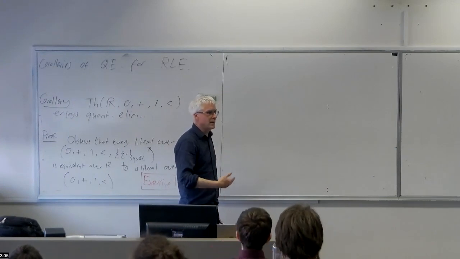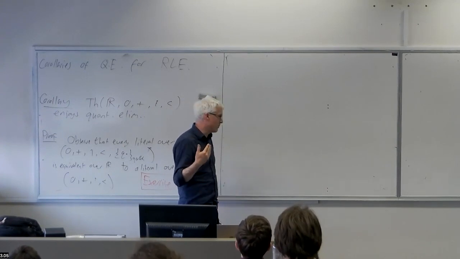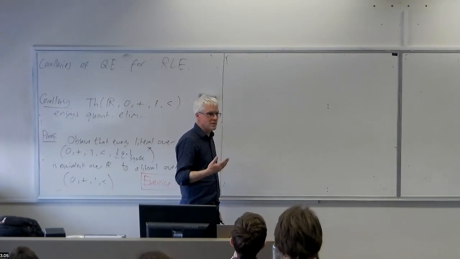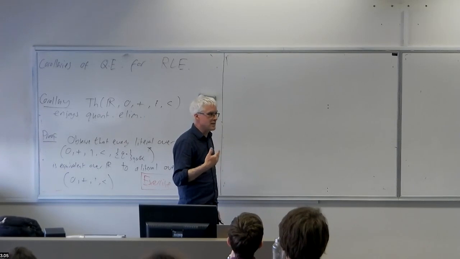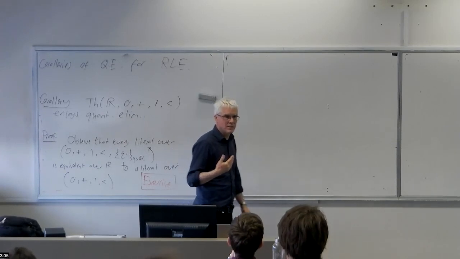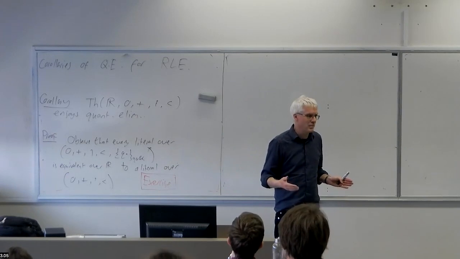So quantifier elimination for sentences gives us an algorithm. It's interesting from that point of view, but in terms of what sentences can express, it's boring because sentences can just express true and false. It's interesting to see what quantifier elimination tells us about what an arbitrary formula with free variables can express.